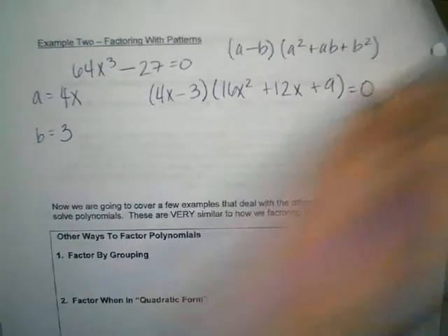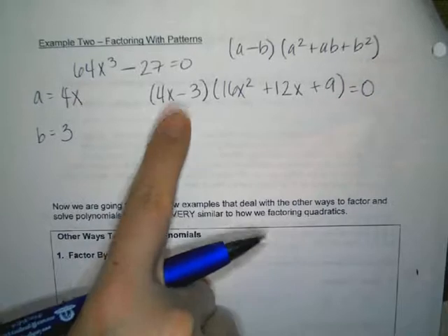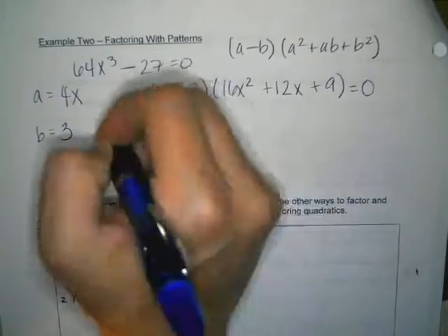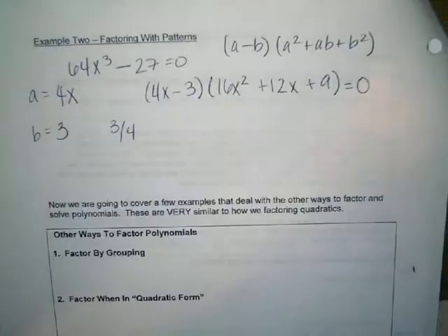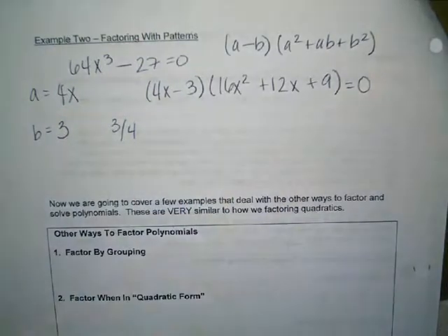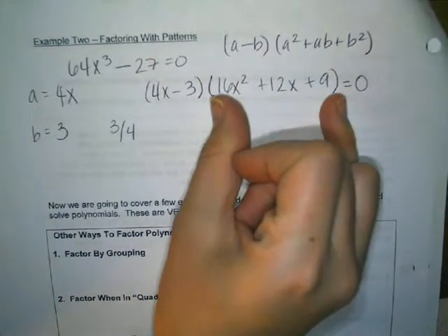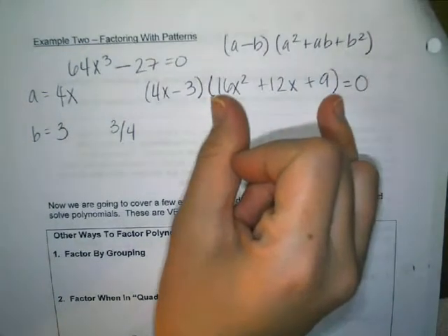And if I have to solve this, that means I have to set each factor equal to 0 and solve. What's going to be my first answer if I set that equal to 0? 3/4. Good. And then I always have to use the quadratic formula to solve this. And here's the other hint about this parenthesis, this quadratic. Not only will you have to use the quadratic formula to solve that, but you will always get imaginary answers.